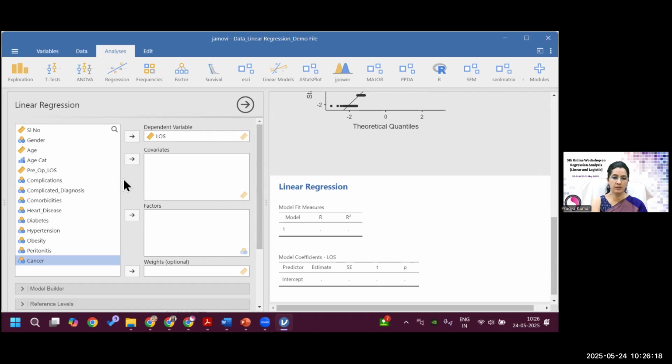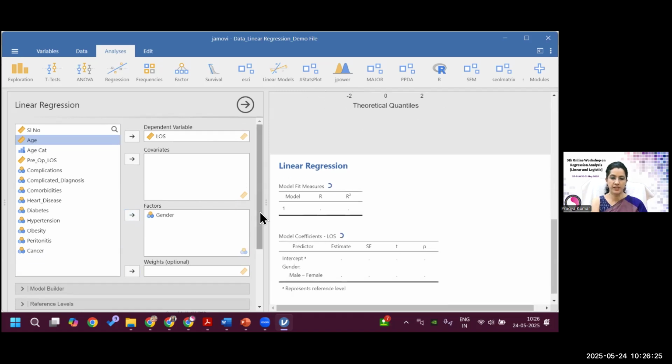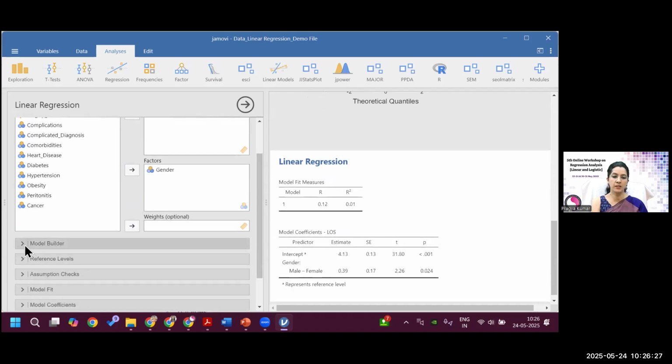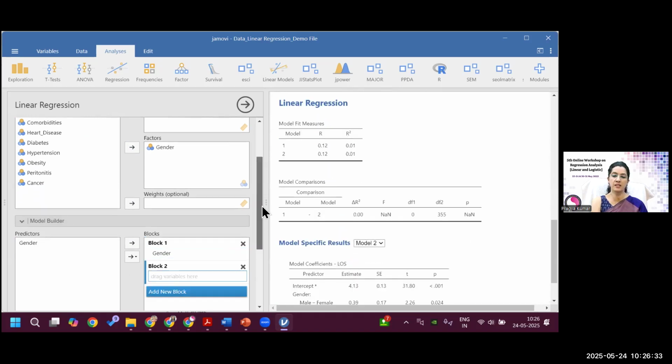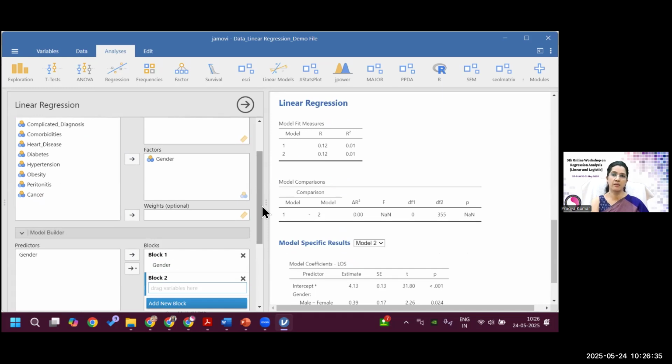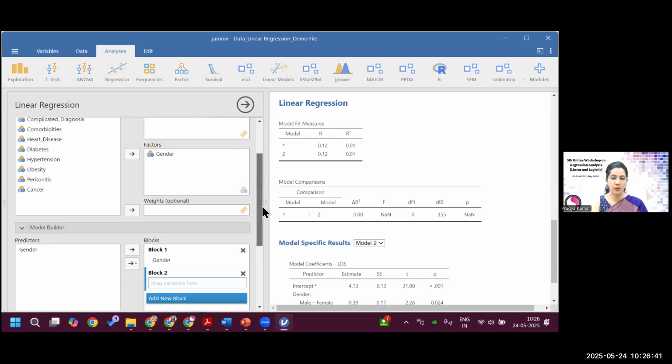So how I will do, first I'll take, let's say, gender. Gender is a covariate, so I'll put that here as a factor. And then in the model builder, keep on increasing the block. So it is like a forward regression where I'm adding variables one by one, not everything together. So this is block 2.